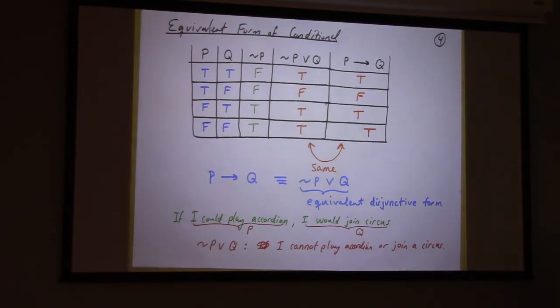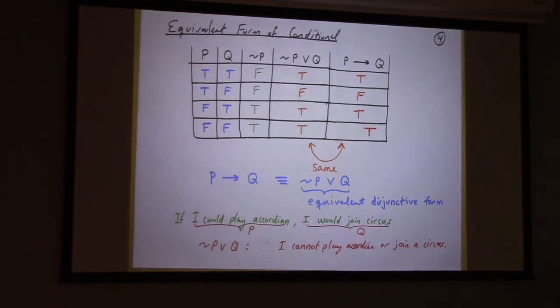At first glance, it doesn't always appear logically equivalent, but I don't know. I prefer mathematical examples, honestly. These silly band joining things never quite appeal to me. All right, so that's the equivalent logical form of the conditional, the so-called disjunctive.